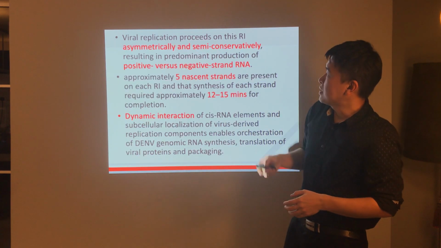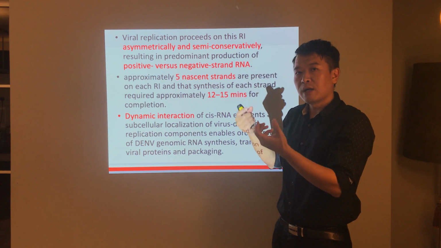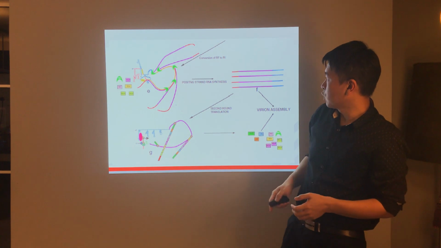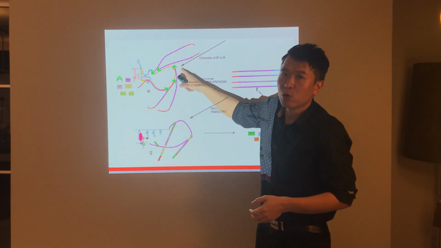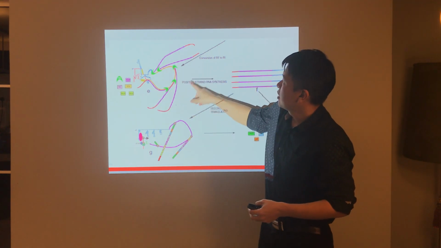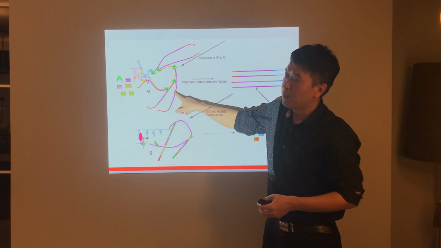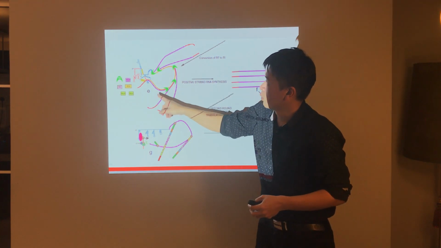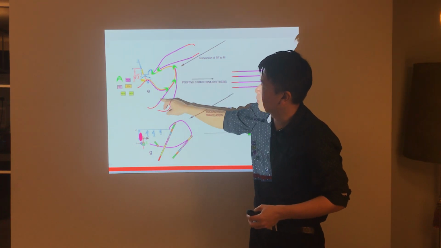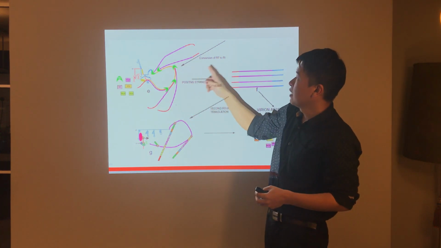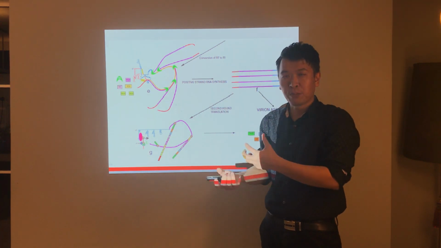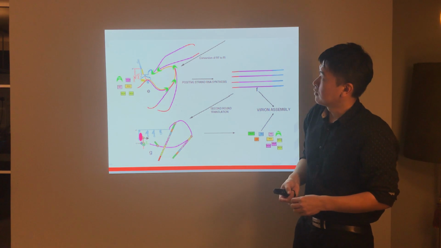When the double-stranded RNA is produced, it is called the replicative form, and then it starts synthesizing more and more positive RNA, and this is converted into the replicative intermediate. At one time, the double-stranded RNA will have at least five strands of newly synthesized positive-strand RNA being produced. This is how the RNA is produced during replication of the viral genome.